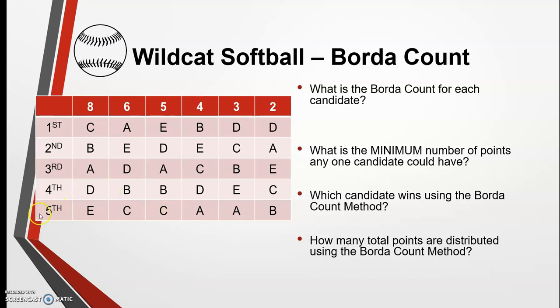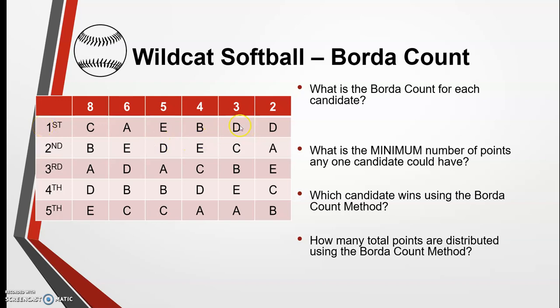And so remember that we start by awarding points for each ranking. So fifth place, last place, gets 1 point. Fourth place gets 2 points, third place gets 3 points, second place gets 4 points, and first place gets 5 points for each vote.